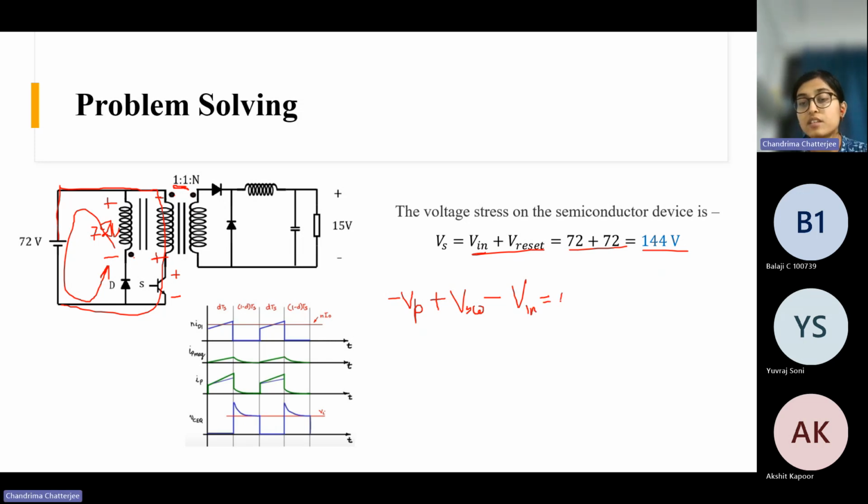This is the KVL. So VSW is what? VP plus V in. So V in is 72 and VP is also 72 because 72 volt is appearing here. So as per transformer operation, 72 volt will also come here because their turns ratio is 1:1. So that's why it is 72 and 72, they get added up, right?